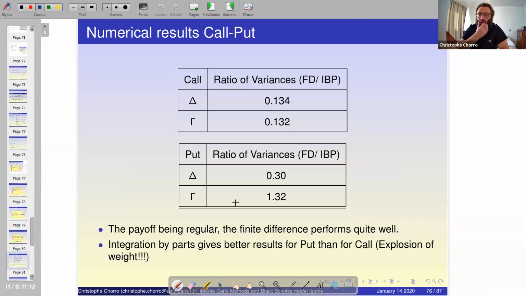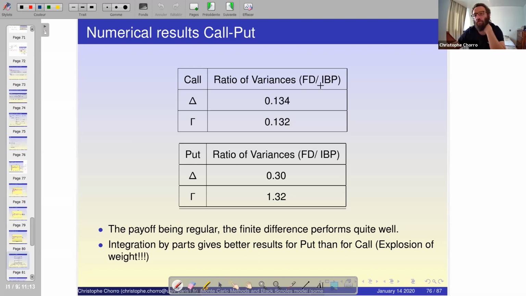If I want to quantify the things a little bit, because the pictures are nice, but I want to quantify the difference between the approaches. So you have the finite difference scheme and the integration by parts that I use with the result of slide 66.